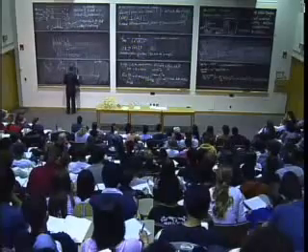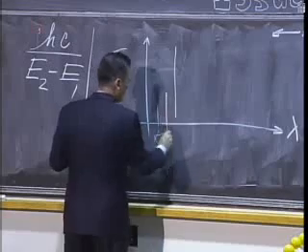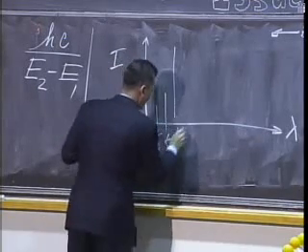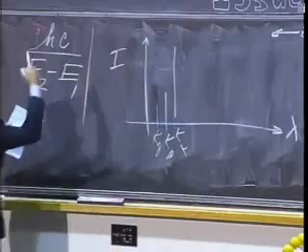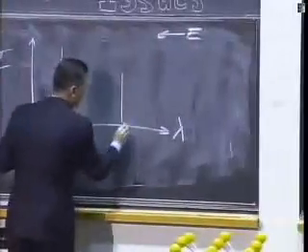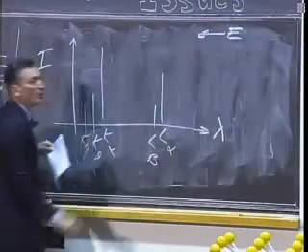So that's going to be over here. So this could be K gamma, then K beta, K alpha, and then the L lines are 3 to 2, 4 to 2, so they're over here. So this is L alpha, L beta, and so on.